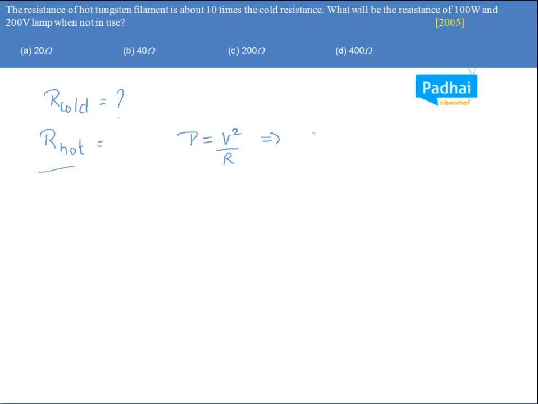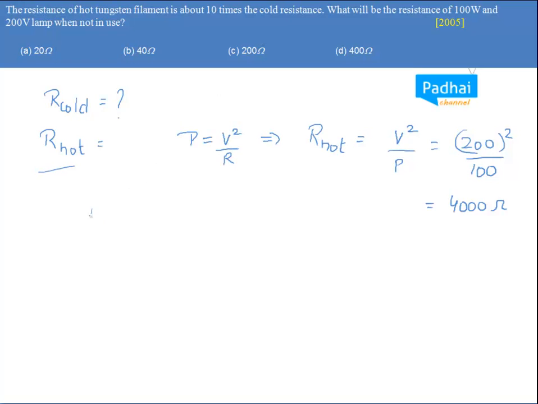So R hot will be equal to V square by P, which will be equal to 200 whole square divided by P, which is 100. So that will be equal to 400. Right? So R hot will be 400, and it is given that hot tungsten filament is about 10 times the cold resistance, right?